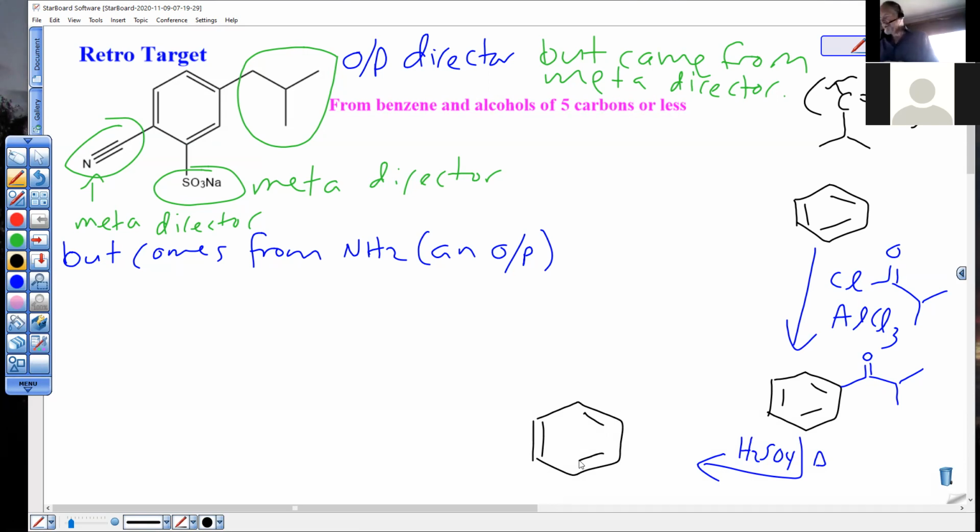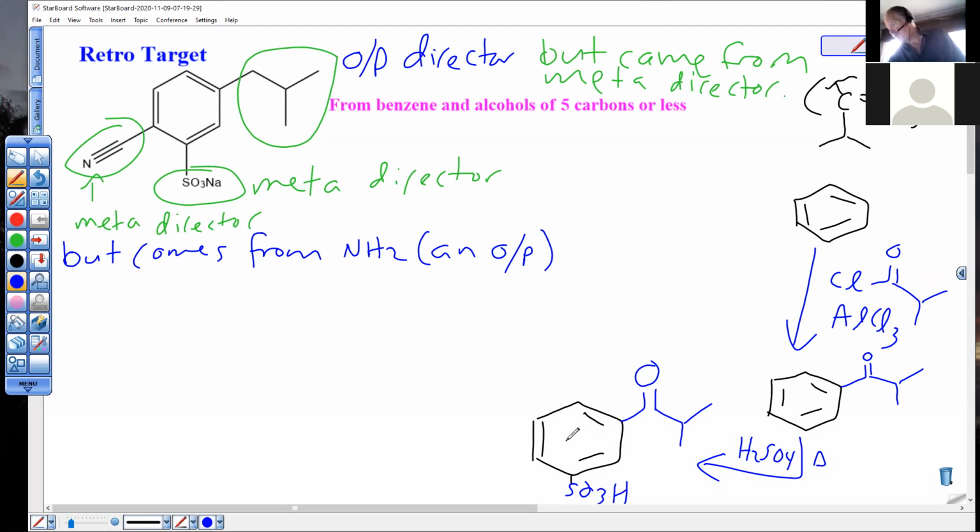And what we have here is an SO3H down here, and we have our ketone up here. And so we have that. And now I need to get a group here, which is impossible with the current situation of having a meta director here and a meta director here.